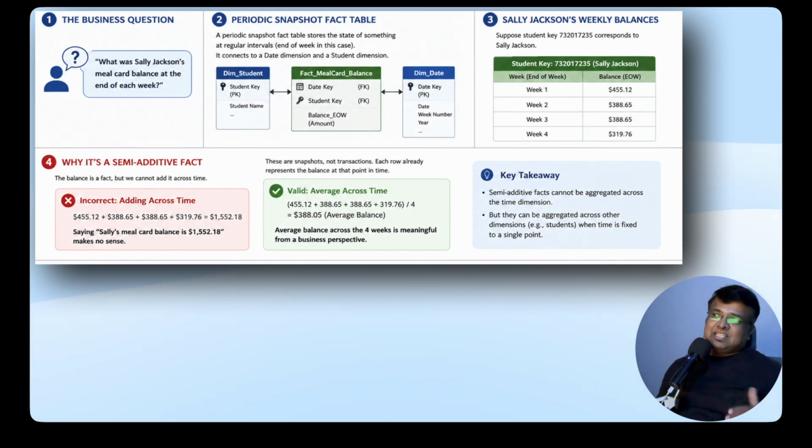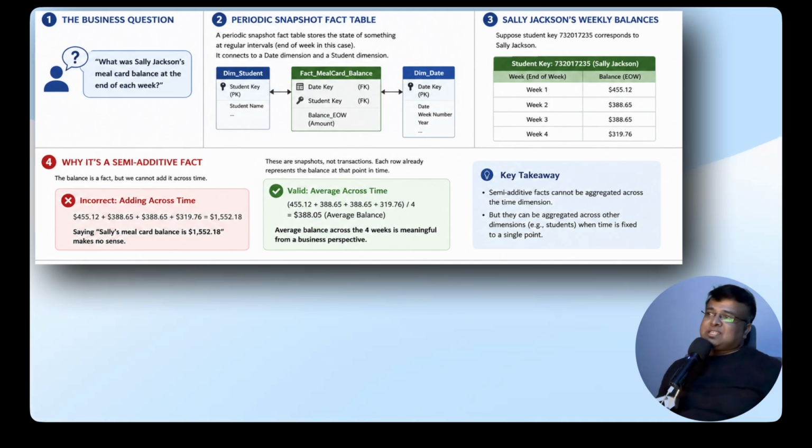But unlike sales revenue or quantity sold in a transaction fact table, we cannot simply add balances across time. For example, if we add all 4 weekly balances together, we get $1,552.18. Now saying that Sally's meal card balance is this much, that is 1,552, makes no sense at all.